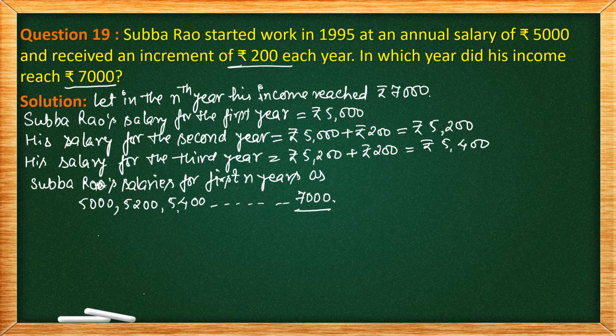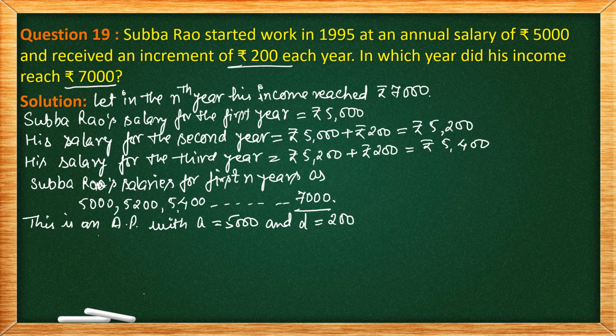Now we can see this is an arithmetic progression with the first term a as 5,000 and the common difference d as 200, which is the annual increment.